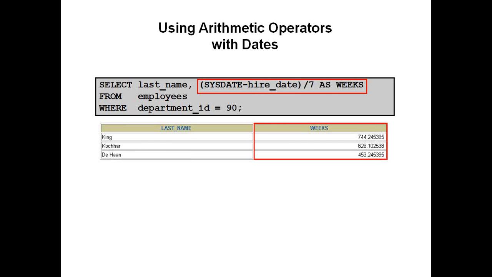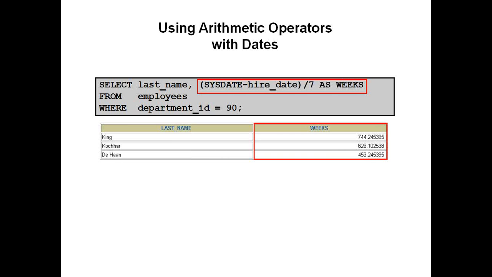Here in the example you can see we are going to say sysdate minus hire date. Sysdate is today's date, or whatever computer time or database time it is showing, minus the hire date. That means when the employee was recruited into the company, divided by 7.